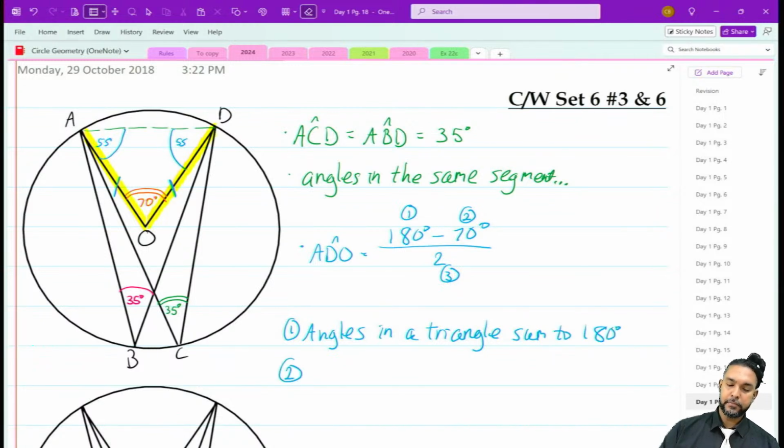Rule 2, an angle at center is double the angle at circumference. And 3, base angles of an isosceles triangle are equal.